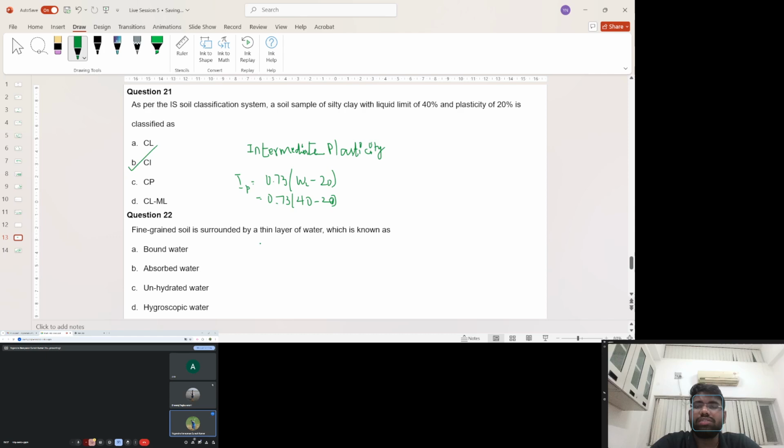Fine grained soil is surrounded by a thin layer of water, which is known as bound water. And in some cases, when the soil is completely air dried, there will be some water present that is known as hygroscopic water. So that cannot be removed when you air dry it. You have to dry it completely in an oven for 24 hours at 100 degrees centigrade.